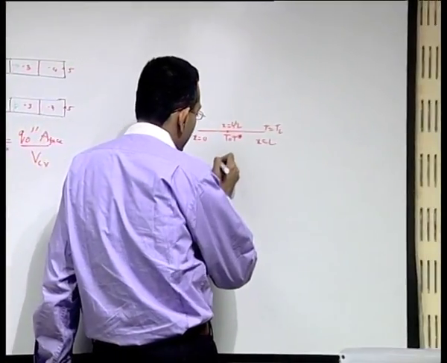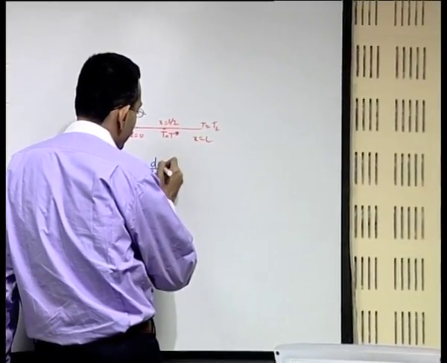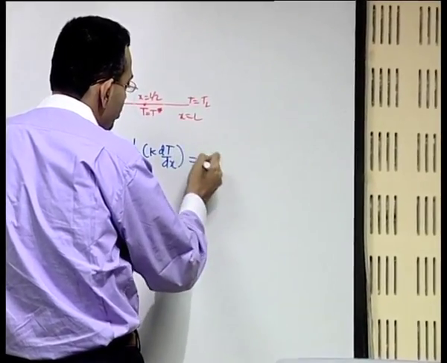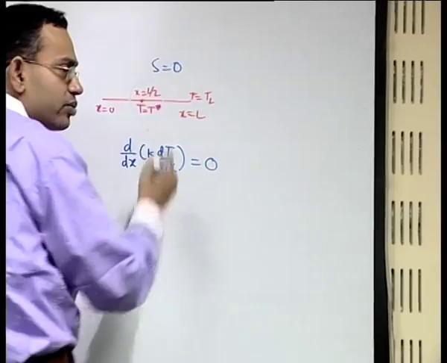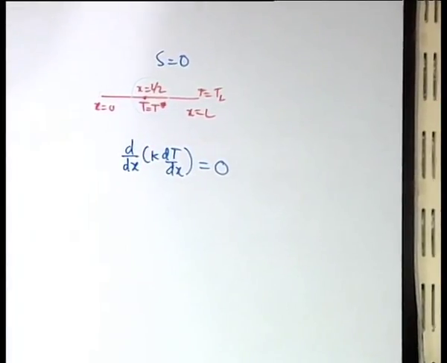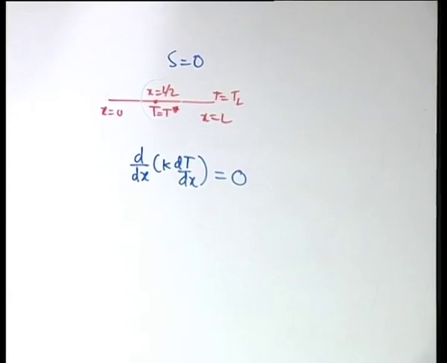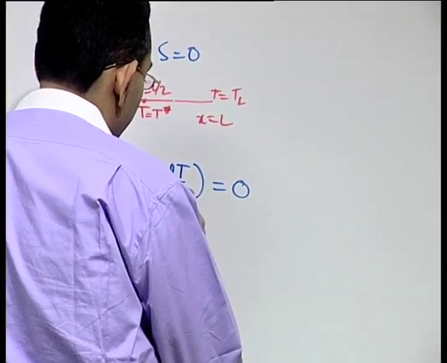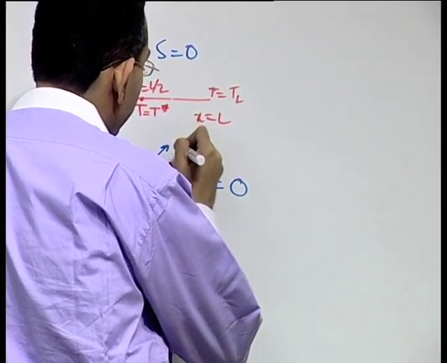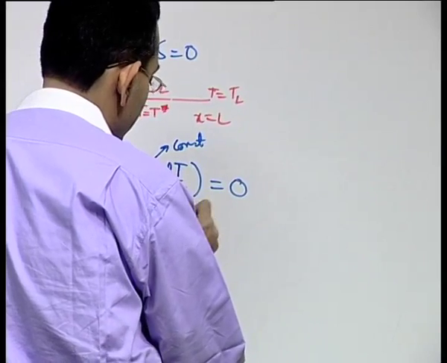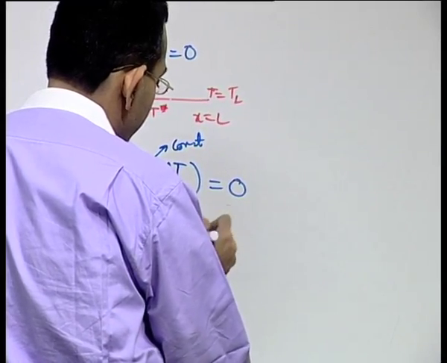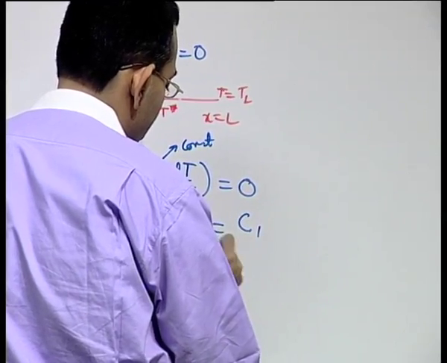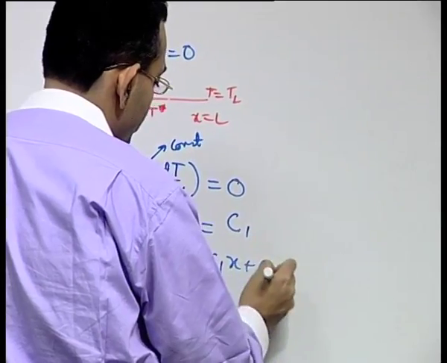So, you have d/dx of (k dT/dx) equal to 0. Let us say that the source term is 0, just to simplify the calculation, as our objective is not to highlight that. And let us say that k is constant throughout the domain. So, dT/dx is equal to C1, and T is equal to C1 x plus C2.